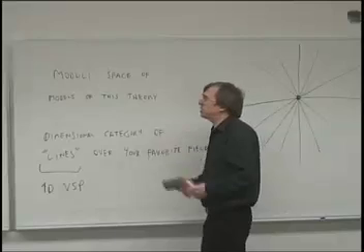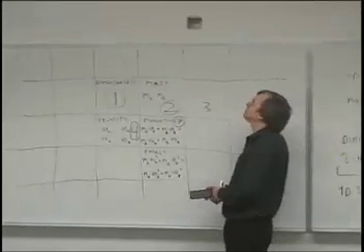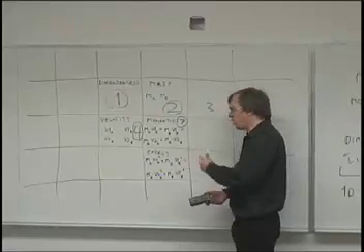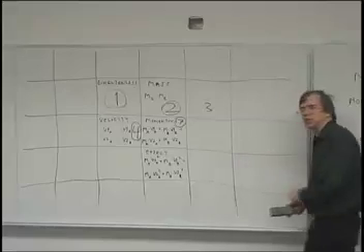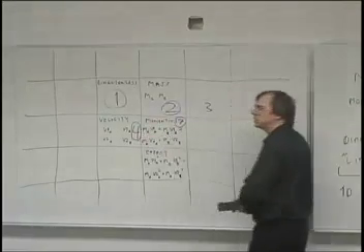So, for example, a really gross, coarse thing to know about a space is what dimension that space is. So let's try to figure out what dimension this space is.